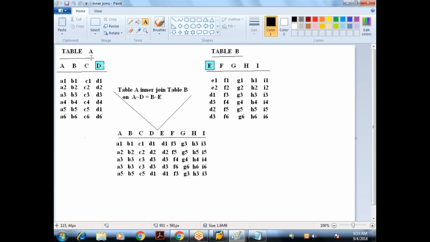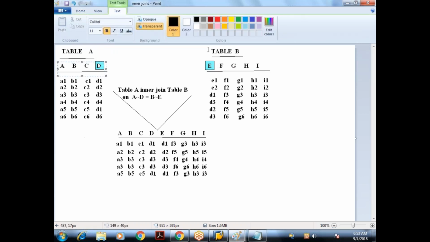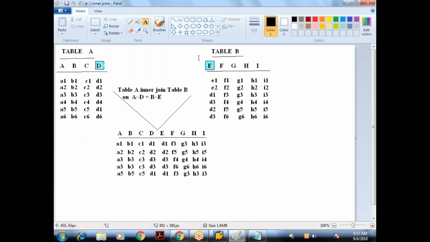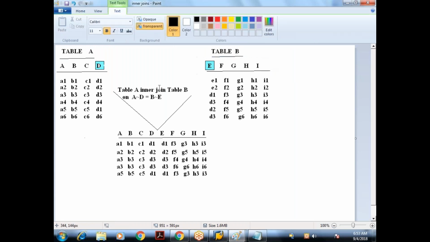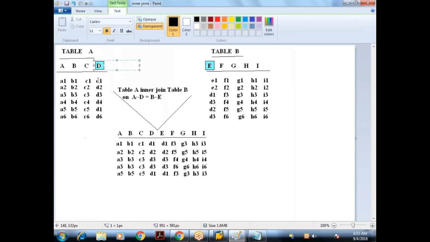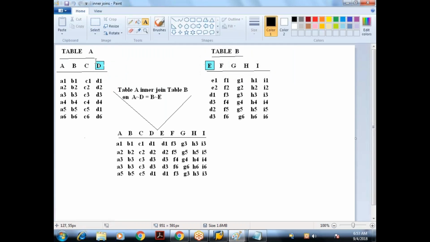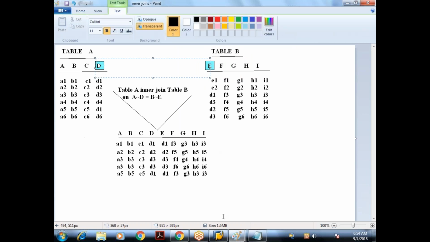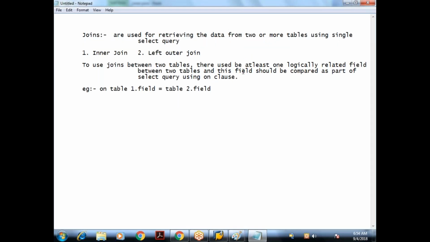Here in table A we have four columns A, B, C, D, and table B has five columns E, F, G, H, I. Assume that these two columns are the same: here the column name is D, and there it is E. The field names need not be the same, but the purpose of the field should be the same.